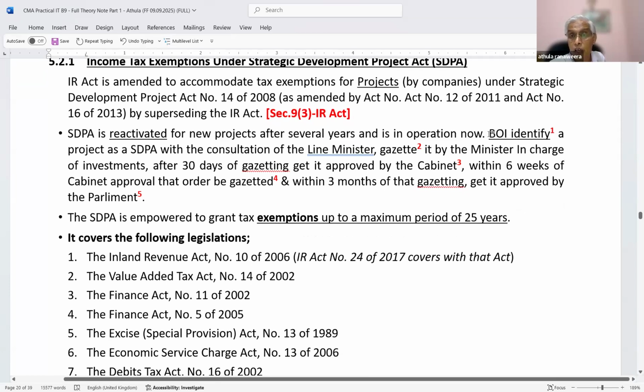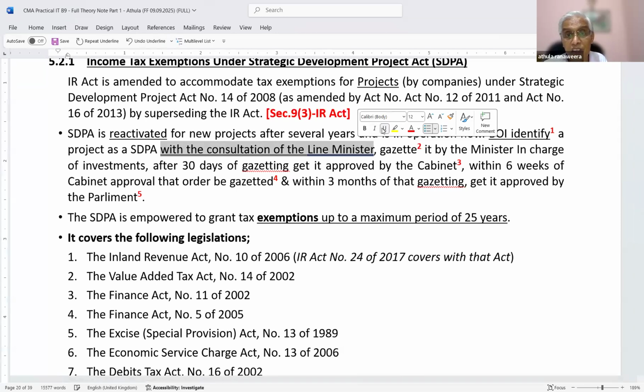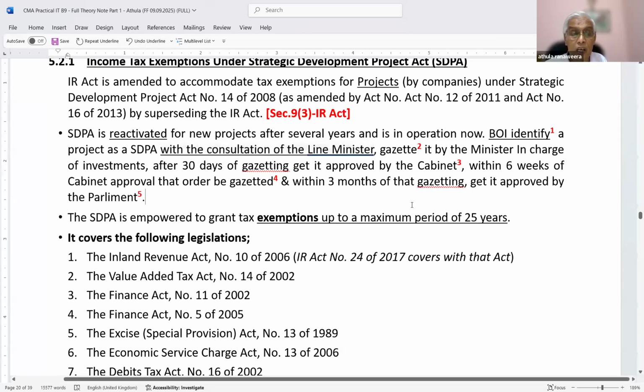Now, what is the process? First step, BOI identifies a project as a Strategic Development Project with the consultation of the line minister. See, with the consultation of the line minister. That means even though the job is assigned to BOI, it is managed by whom?